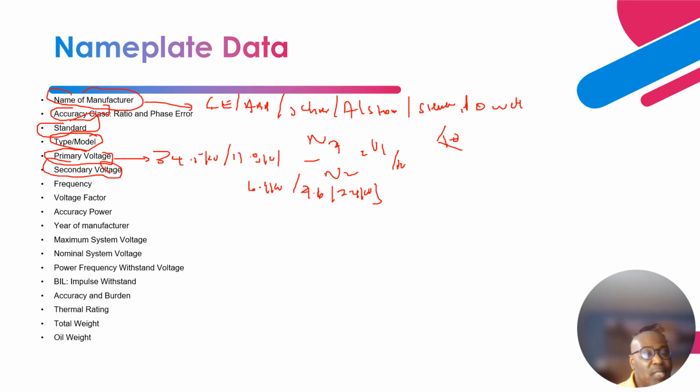Then the secondary voltage, which can be 115 volts. Right. Next is the frequency, either 50 hertz or 60 hertz. Next is the voltage factor.